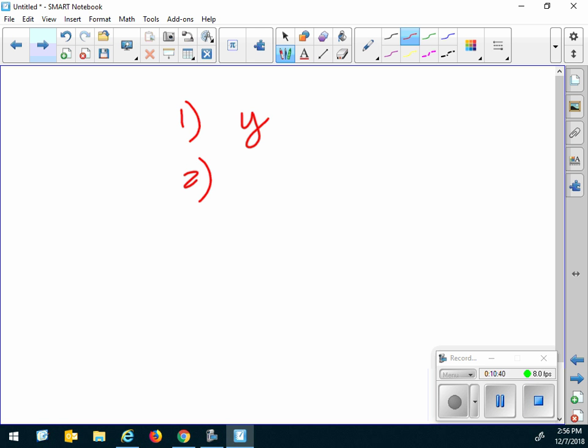Switch x and y. Now, why do you think we switch x and y? Because we're doing inverses, and what do we know about the domain and ranges of inverses? They switch. That's why we have to switch the x and y. Now look at step three, solve for y. And step four, replace y with f inverse of x.